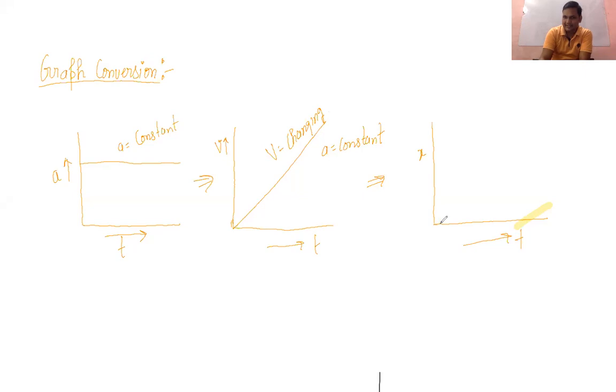This will be uniform motion. So basically you can go from acceleration time to velocity time to position time, and in the same manner, if you have been given the position time graph, you can go to the velocity time graph and then to the acceleration time graph. Got my point or not?